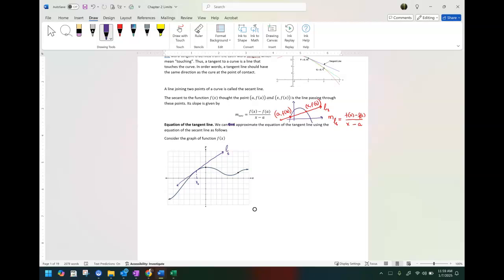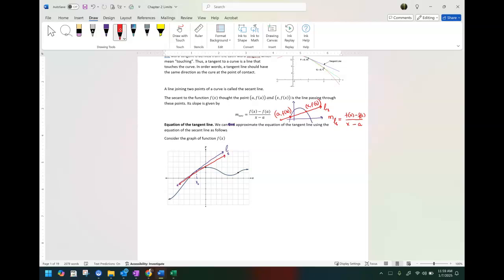Then I'll draw a couple of secant lines passing through 2 points close to x naught.